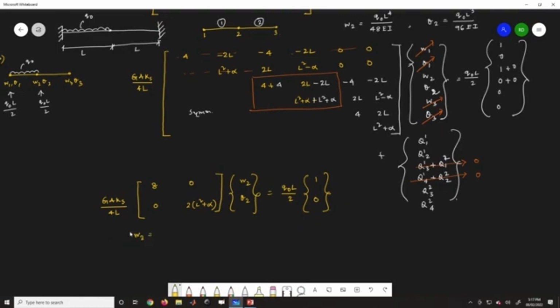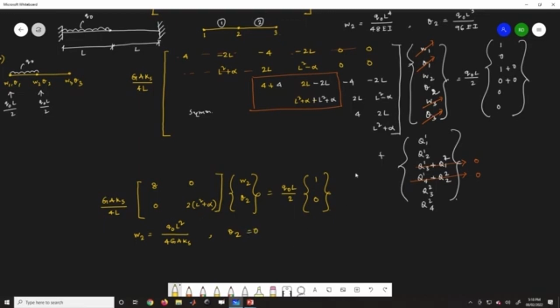Now, if you solve this equation, this looks like Q0 L square by 4 G, A and Ks. Now, interestingly, you see that theta 2 is essentially 0.